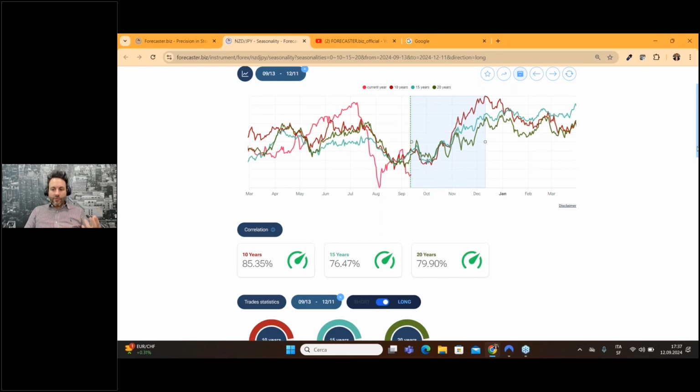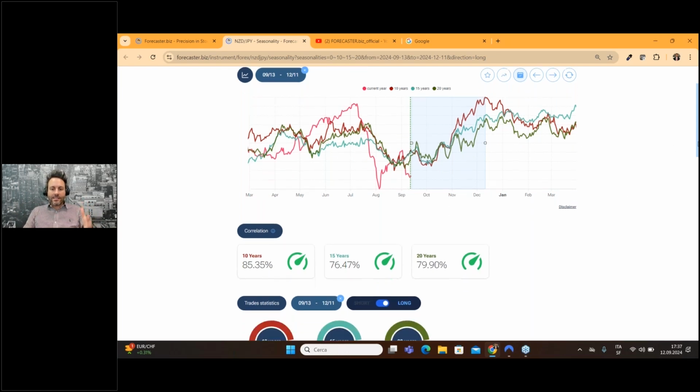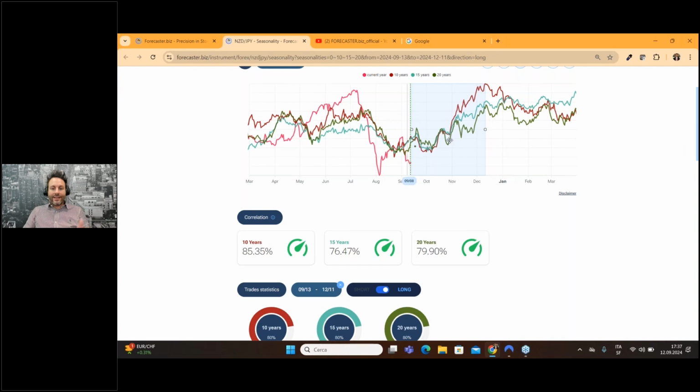Of course, we have the highest data, which is this one based on the 10-year seasonality, but also having a high correlation with other seasonalities can give us the feedback that this period is a very repeatable period.